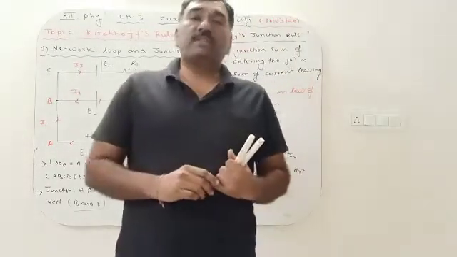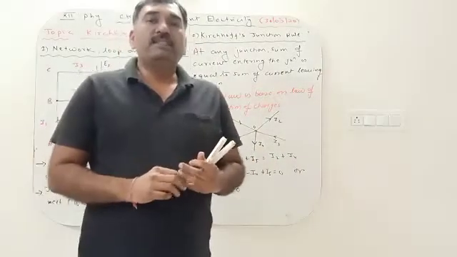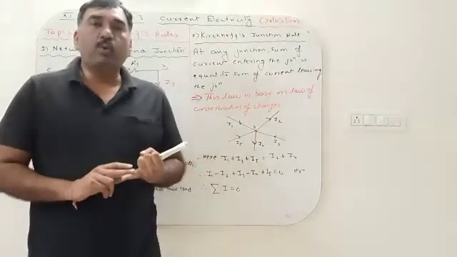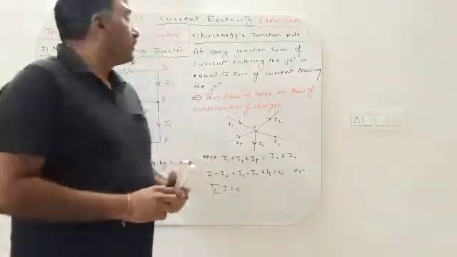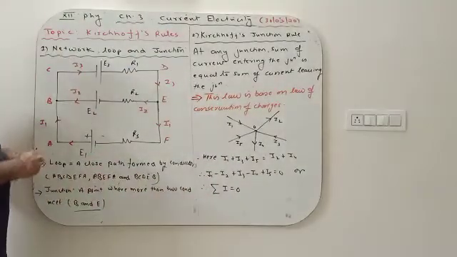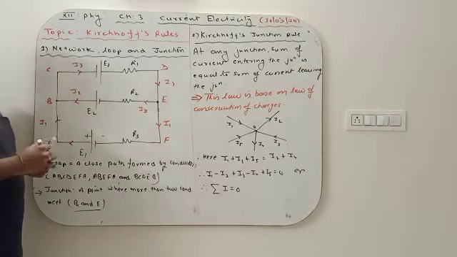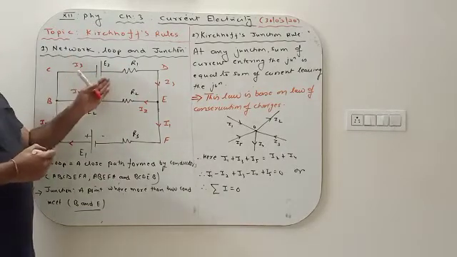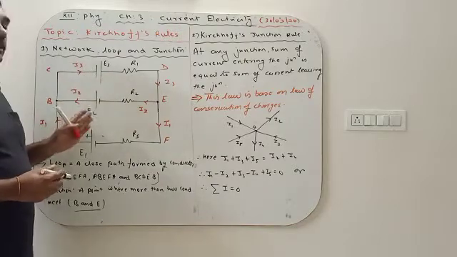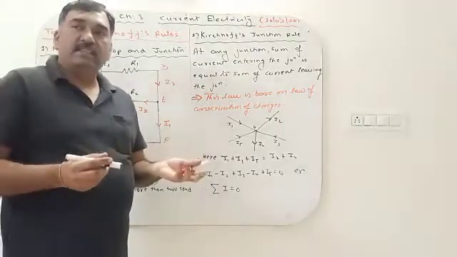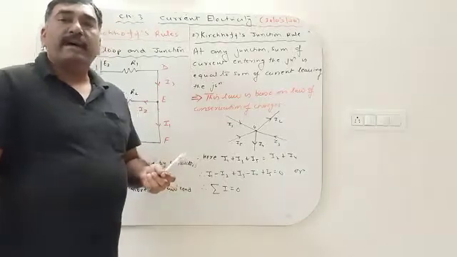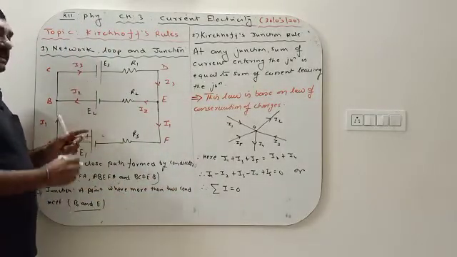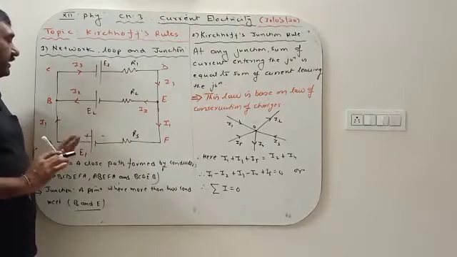Before going to discuss the junction and loop rule, we are going to discuss what is network, loop and junction. So very first thing, what is network? Network is a complex arrangement of resistances and batteries, either connected in series or in parallel, in a simple manner or in a complicated manner.